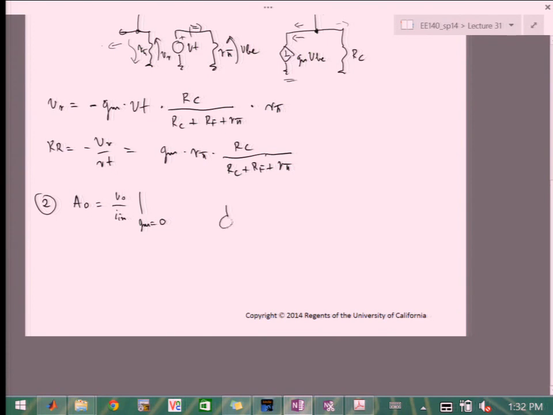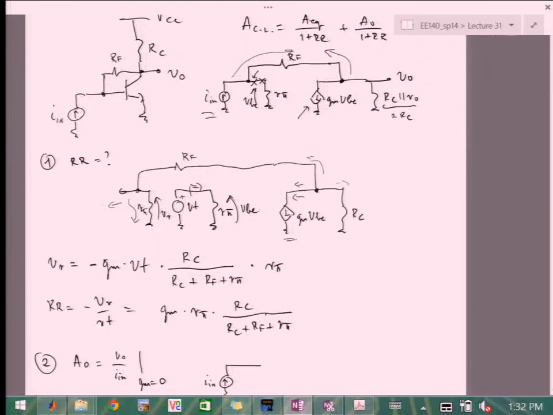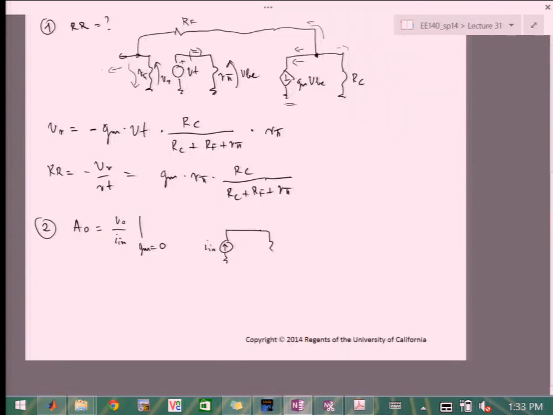So in order to do that, we can draw the diagram. So we have I in, and then over here, we don't have the GM VBE, but here we have R pi, and then RF. And then on this side, we have RC, and then we're looking for V out.